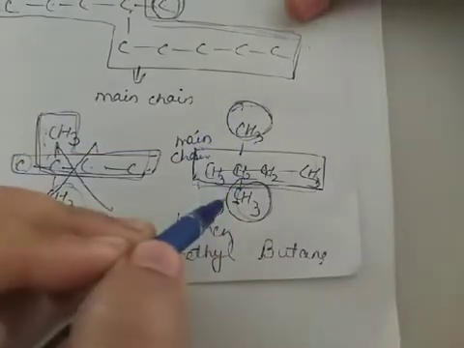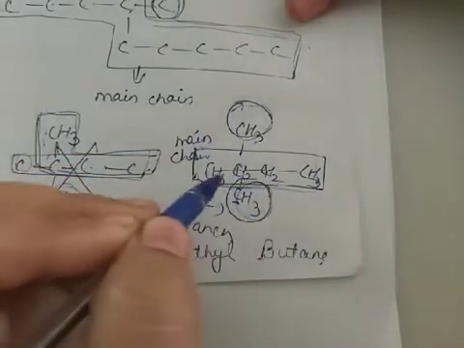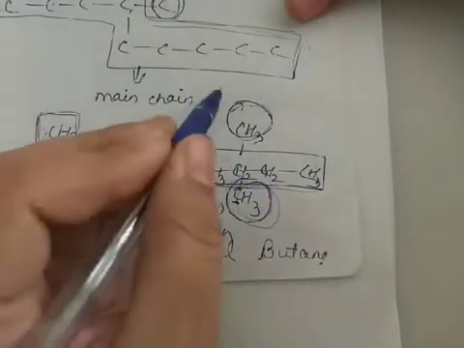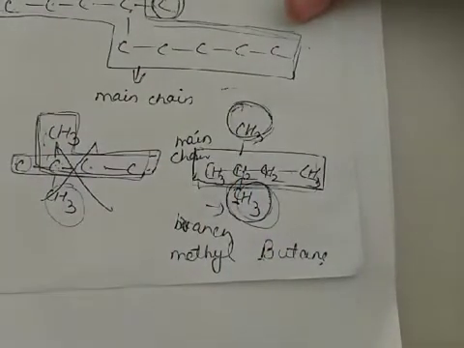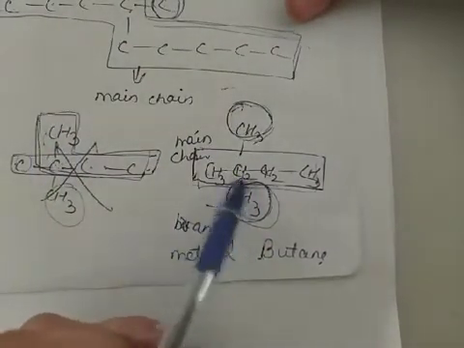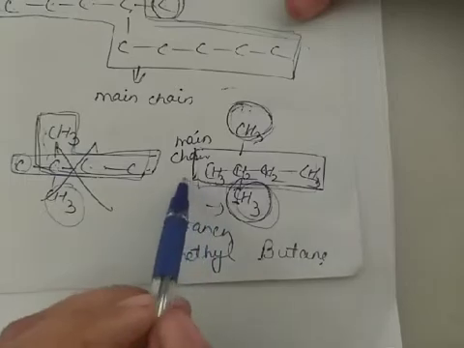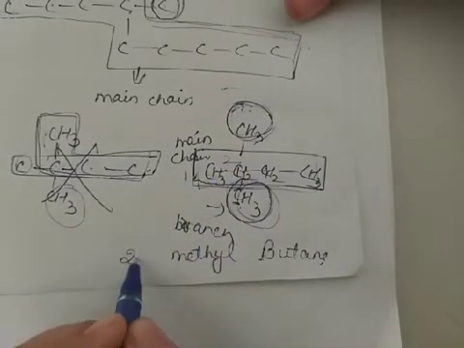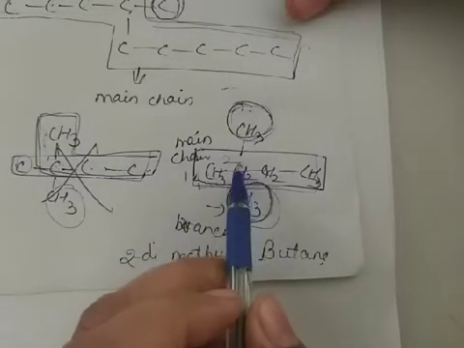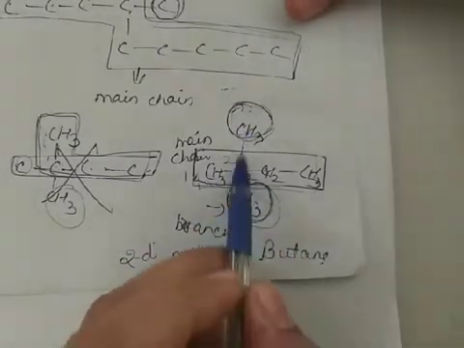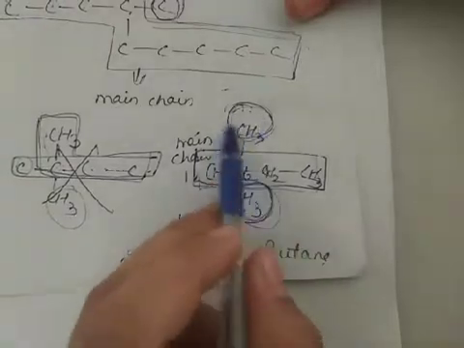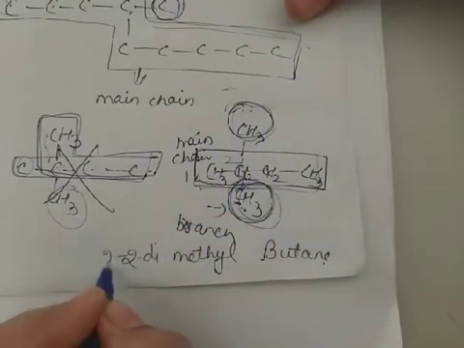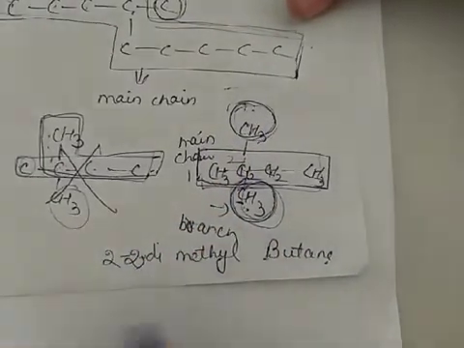We will do numbering in such a way that these branches get the minimum number. Here it will come on 1 and this is 2, so it comes on the second number. So I'll write 2 dimethyl, because on 2 there are two alkyl groups, two branches. So 2,2-dimethylbutane.